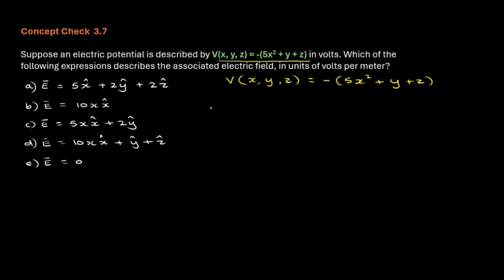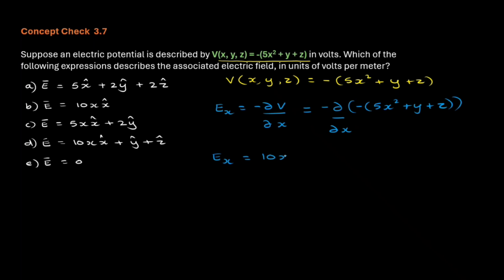So let's start with the x component. I will write Ex equal to negative derivative of V with respect to x. So I get negative derivative of minus 5x squared plus y plus z, dx. The minus and minus cancel, and you get Ex equal to the derivative of 5x squared, which is 10x.